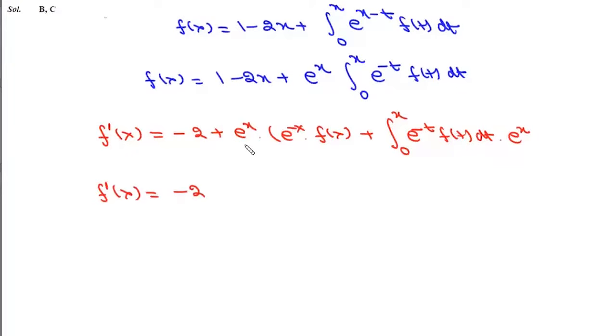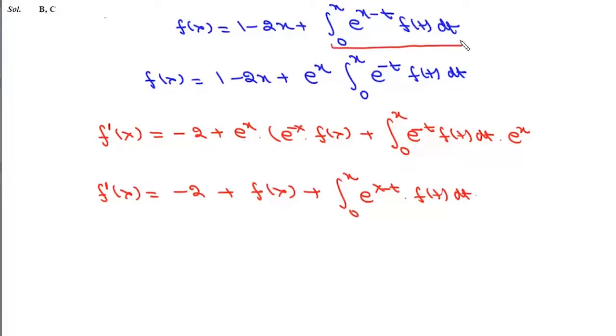Now this is e to the power x times e to the power minus x, which is 1. So plus f(x) and plus this integral from 0 to x of e to the power x minus t f(t) dt. Now this integral is nothing but f(x) plus 2x minus 1. So f dash x is minus 2 plus f(x), and we'll write this as f(x) plus 2x minus 1.